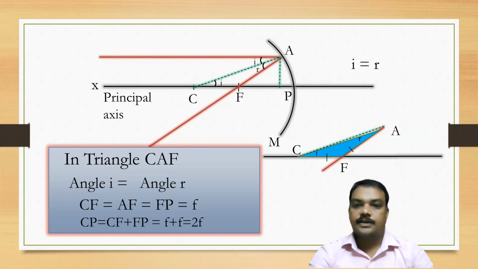The side opposite angle I is AF. The side opposite angle R is CF. Therefore, I equal to R implies AF is equal to CF.